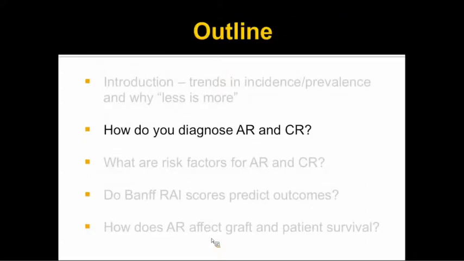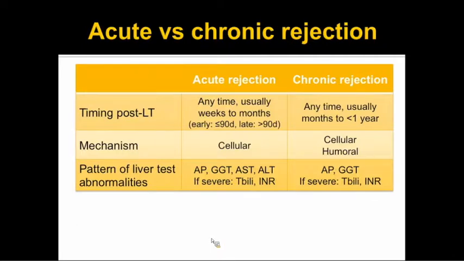So now I'll take a step back and go through more of the basics. How do we actually diagnose acute and chronic rejection, and what is that? The terminology of acute and chronic rejection, for those of you that are not transplant hepatologists, is misleading because really they're not defined based on the timing.